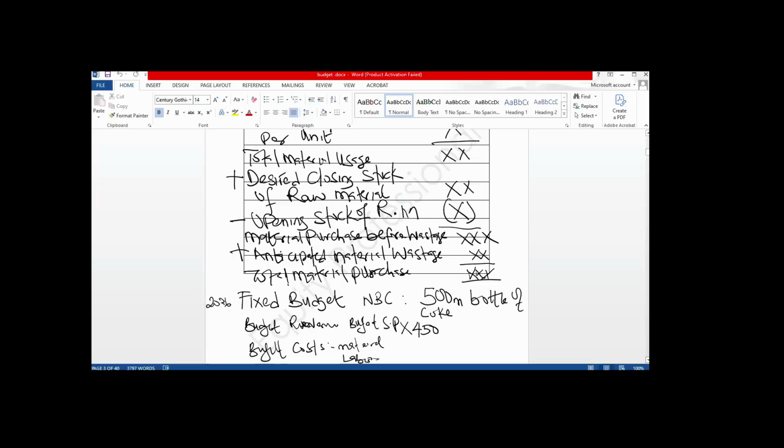Then add anticipated material wastage, if any. In some questions, the examiner will say no wastage; some examiners will say there is wastage. We explained this last week.